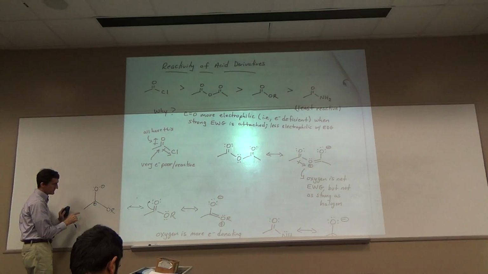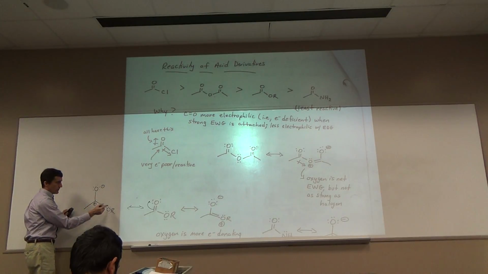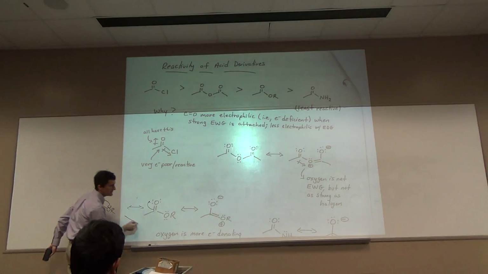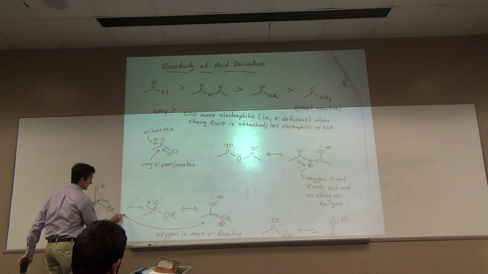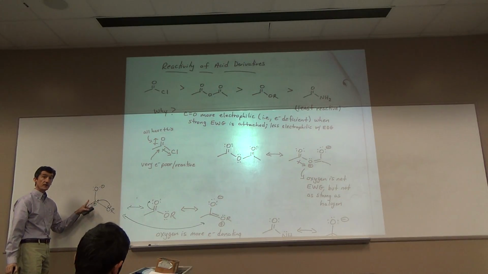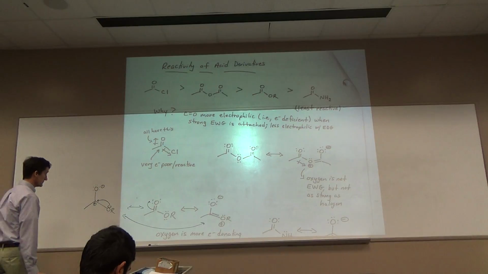Now, look at this plus here. Is it really a lot of plus, or is this guy donating to quench it? If it donates, then you get that resonance structure. The donation quenches some of this partial plus. It's not as much, so the nucleophile is not as attracted to it.